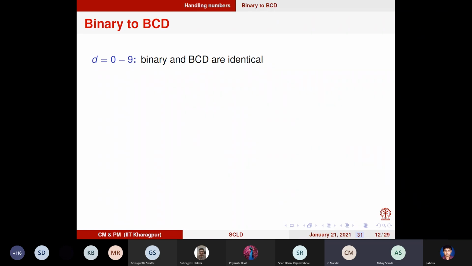You can input the number in BCD or display the number in BCD, but internally you'd like to work in binary, because as we shall see in later classes, the arithmetic is much easier when you handle the numerical information in binary. But then there is a question of converting between binary and BCD. We'll be looking at that. That's an interesting conversion. The more efficient method we'll see a little later, but a basic mechanism will be covered now.